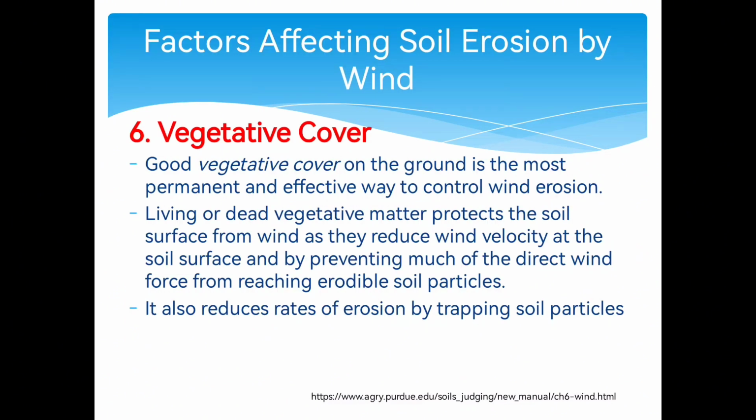It's okay, pabayaan lang muna natin kasi those grasses will protect the soil from the impact of the raindrops na magko-cause ngayon ng erosion. The living or dead vegetative matter protects the soil surface from wind as they reduce wind velocity at the soil surface and by preventing much of the direct wind force from reaching erodible soils.